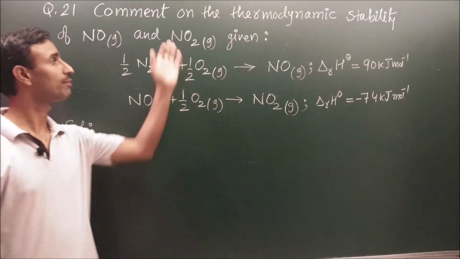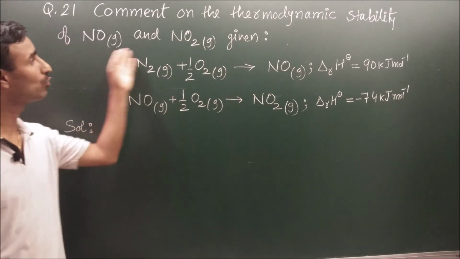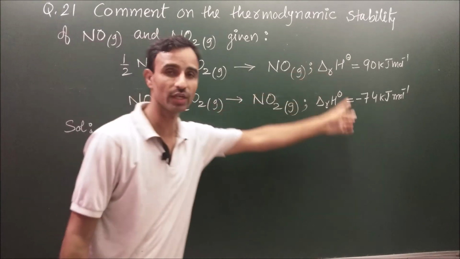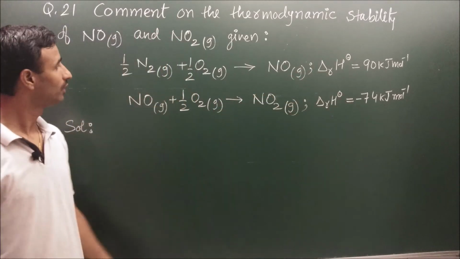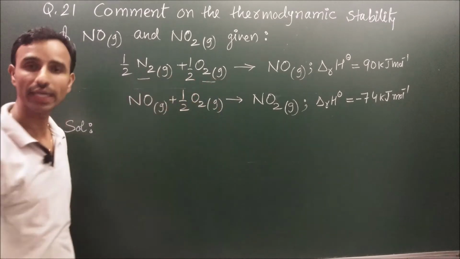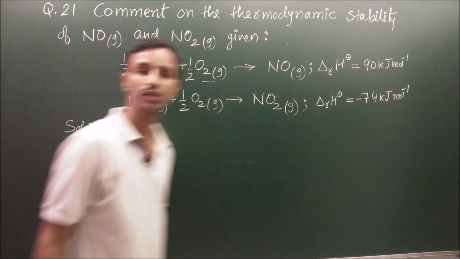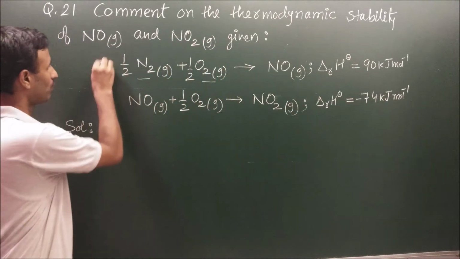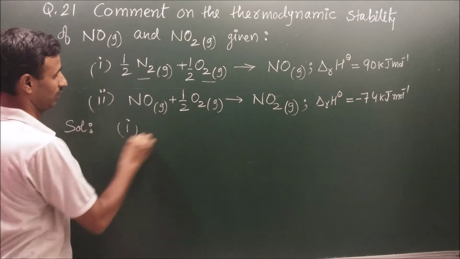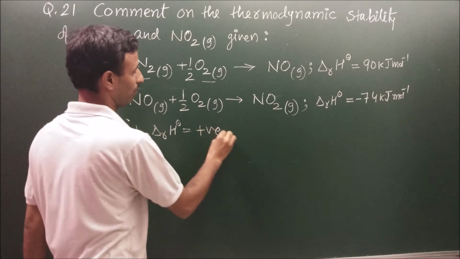Question is, comment on the thermodynamic stability of NO and NO2. Equations are given, their enthalpies are given. So you can see in the first case, when N2 and O2 combine to give NO gas, the enthalpy of reaction is positive. So in the first case, the standard enthalpy of formation is positive.